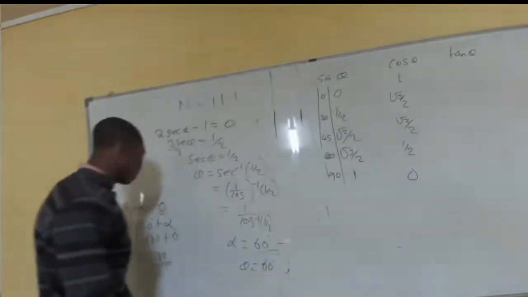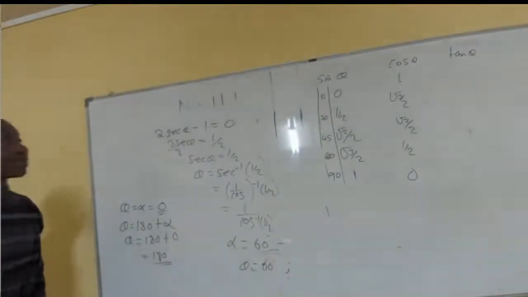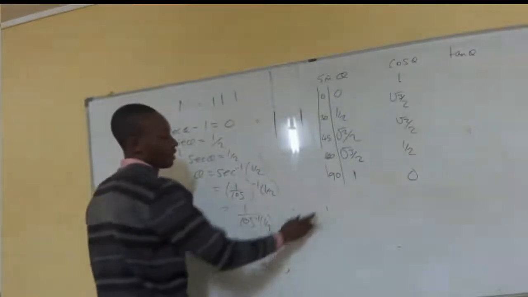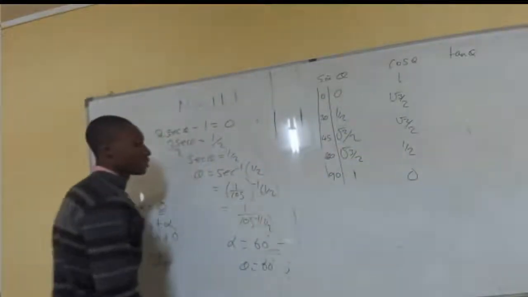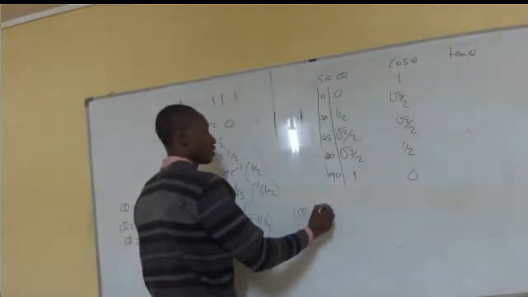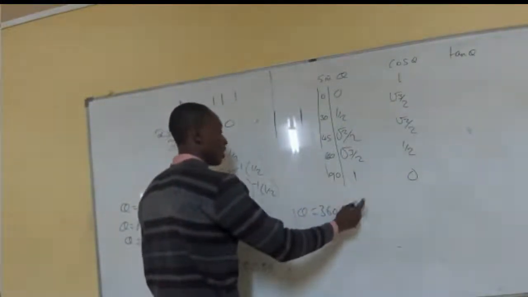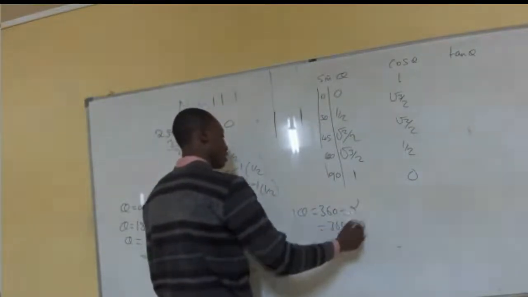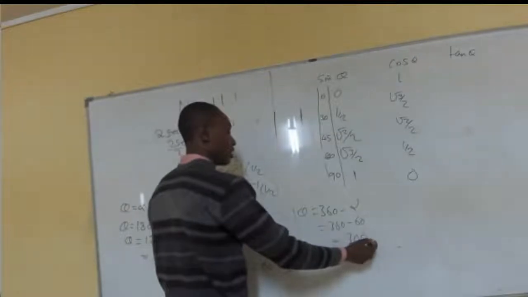Then in the other quadrant, the fourth quadrant, theta is equal to 360 minus alpha, so we have 360 minus 60 degrees, which is actually 300 degrees.